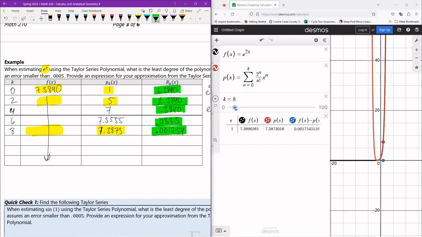Now, we need it down to 0.0005. So we're almost there. Since we're getting closer, let's go ahead and do 9.